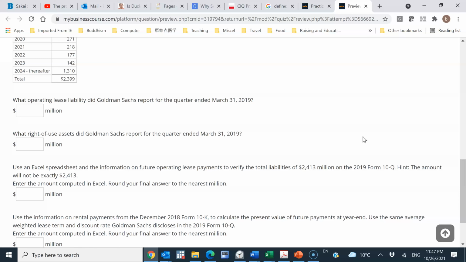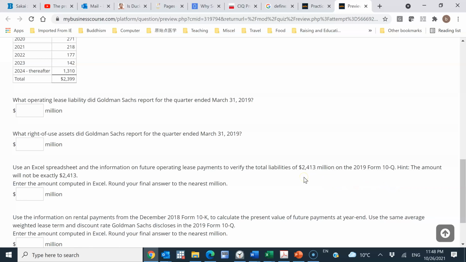And on the left-hand side of the balance sheet, that's going to be the right to use asset. There's some adjustment based on this present value amount to get to the right to use asset, but for this problem, we don't have to worry about that.